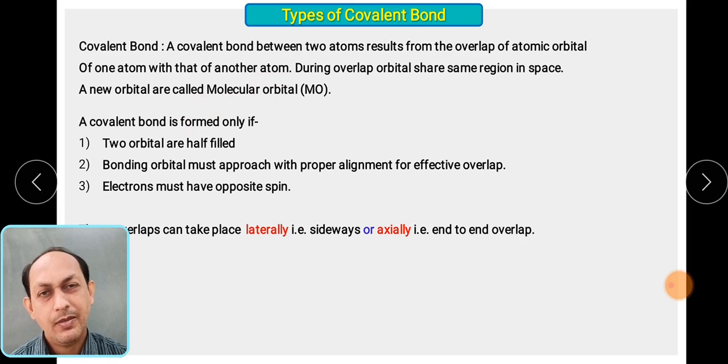So covalent bond बनने के लिए सबसे ज़रूरी चीज़ क्या है. सो जो ऑर्बिटल्स ओवरलैप हो रहे हैं उसमें हाफ फील्ड इलेक्ट्रॉन रहना ज़रूरी है.